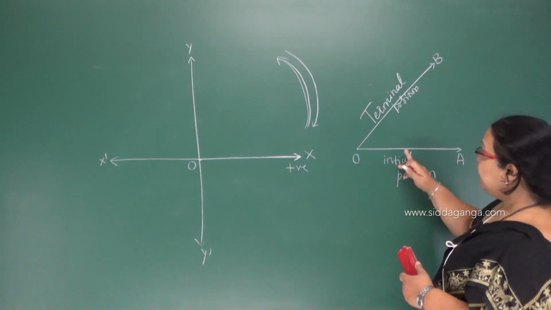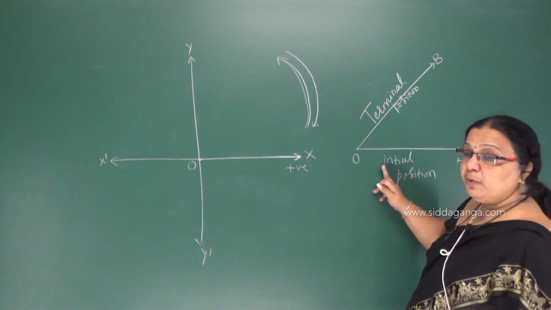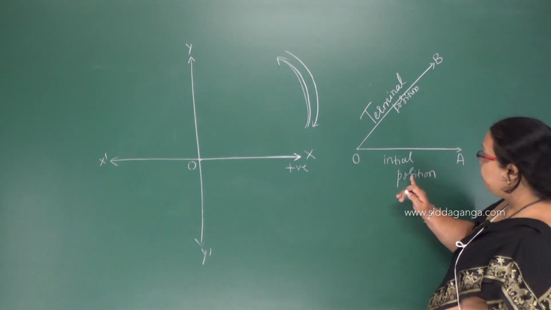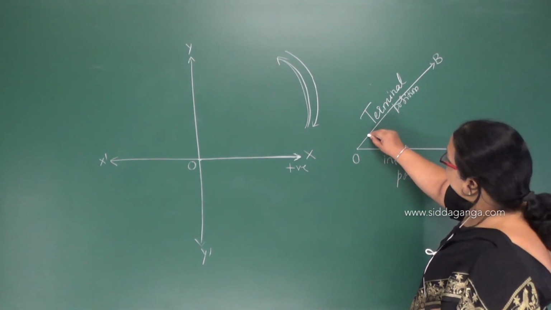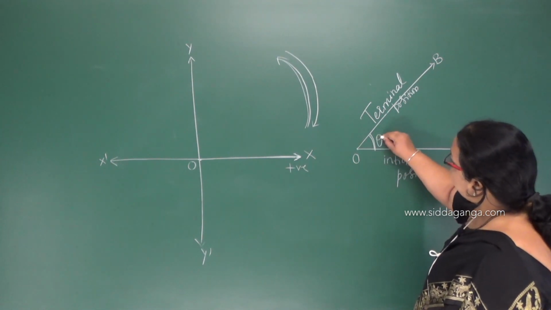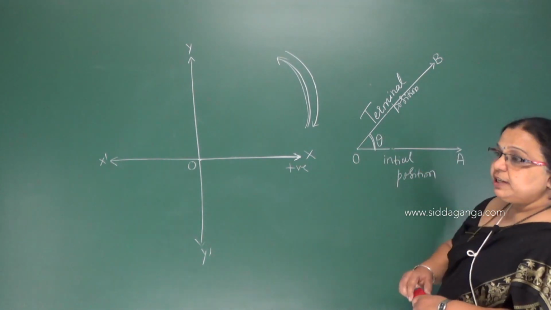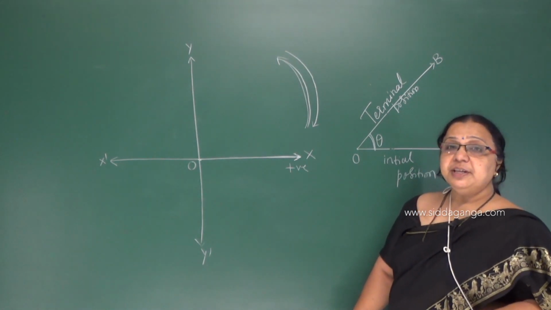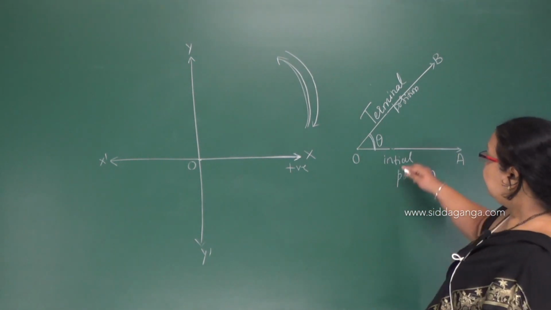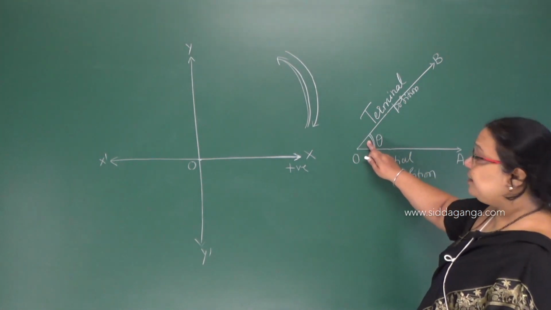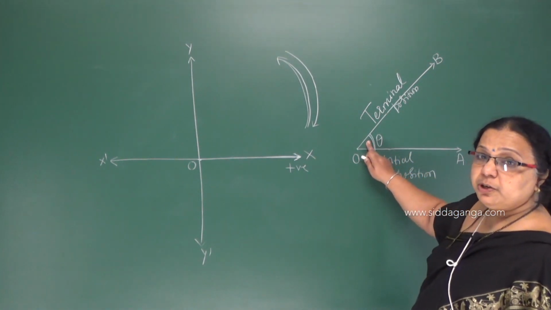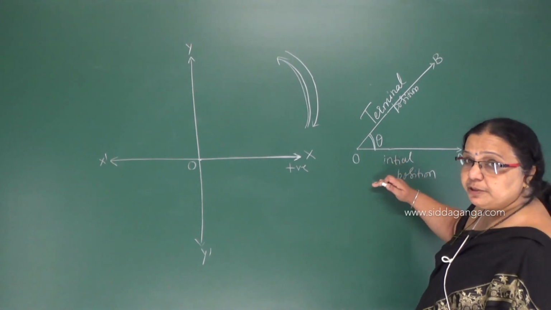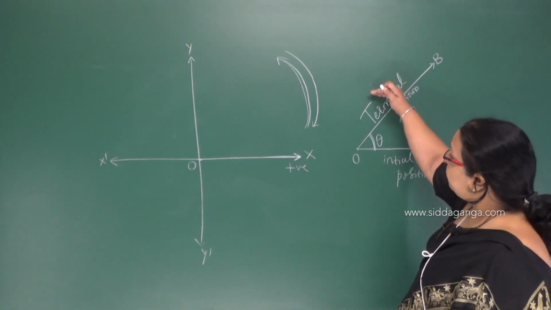So angle is nothing but the amount of rotation of a ray from its initial position to the terminal position. This is nothing but an angle. Usually angle is denoted by the symbol theta.